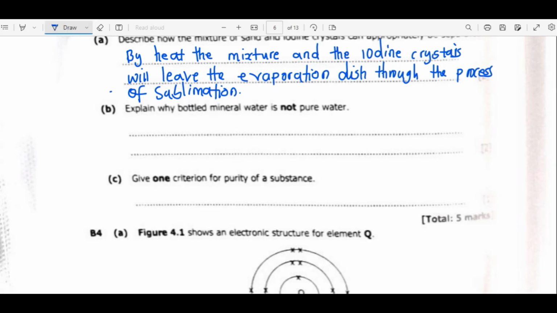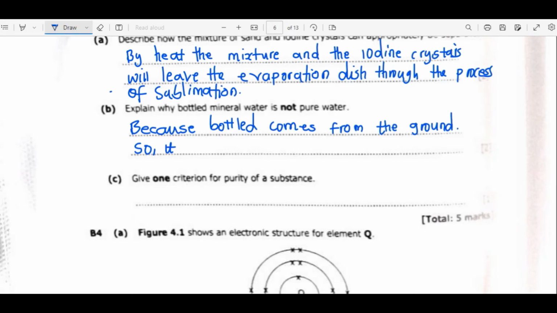So first we'll say, because bottled water comes from the ground, so it contains some mineral ions.